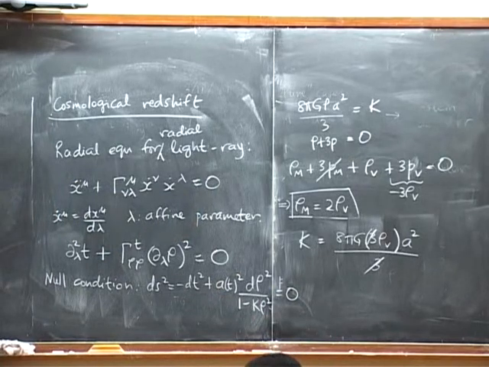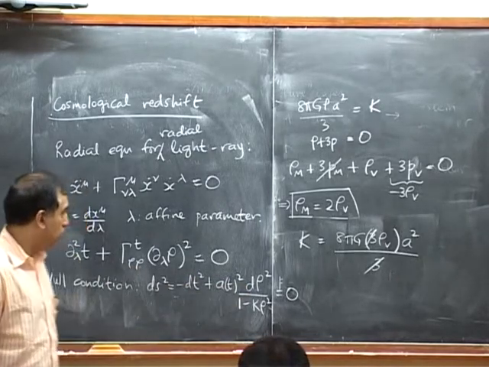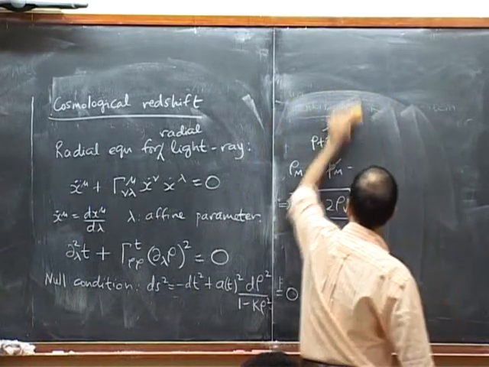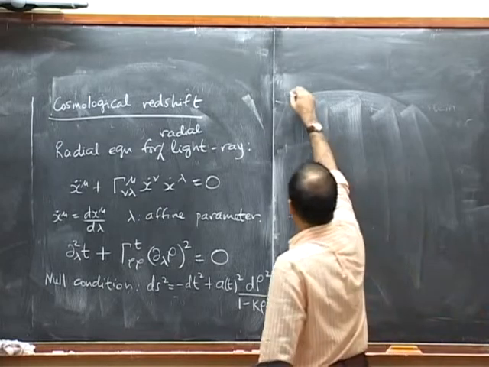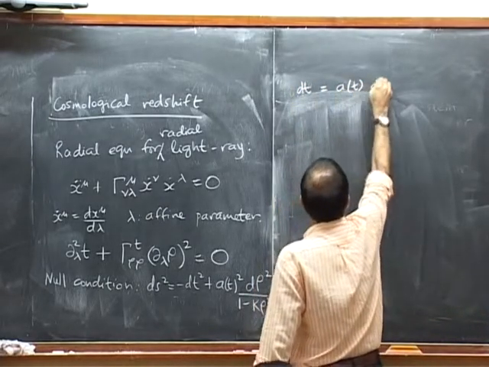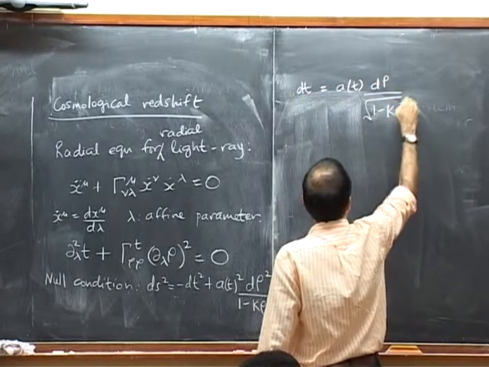So this relates to me. I can now take this on the other side and take the square root, so this says that dt is equal to a of t d rho upon root 1 minus k rho squared.